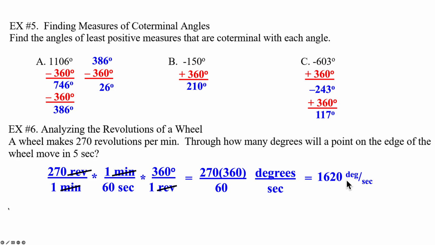So we need to take this answer and do one more change. We got to multiply it by 5 seconds, and now seconds and seconds cancel. 5 times 1,620 gives me 8,100 degrees. And that wraps up our section 1.1.